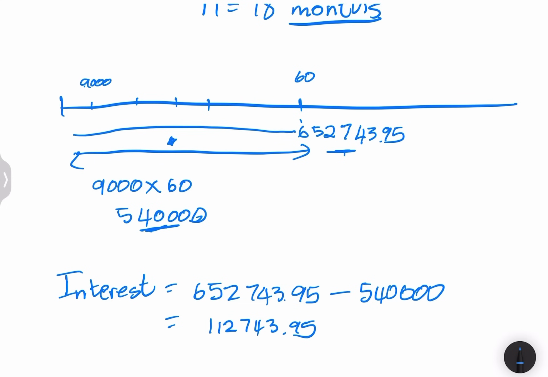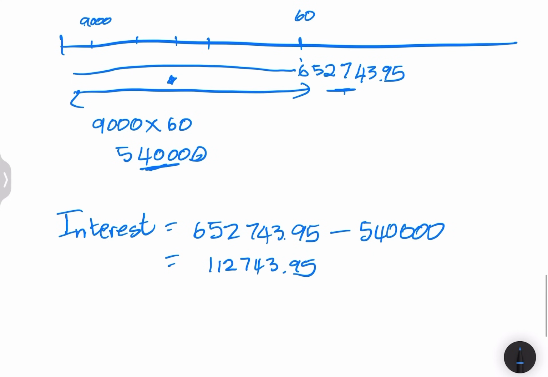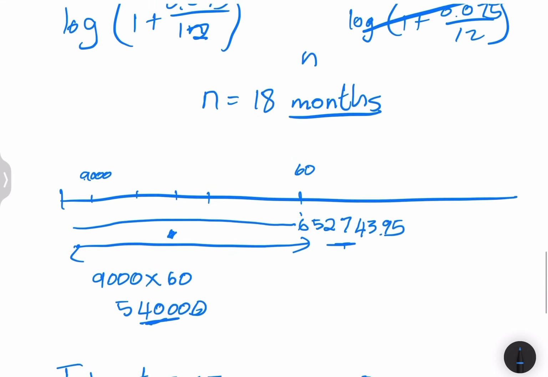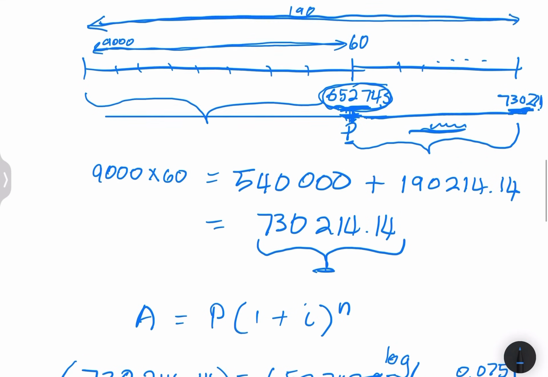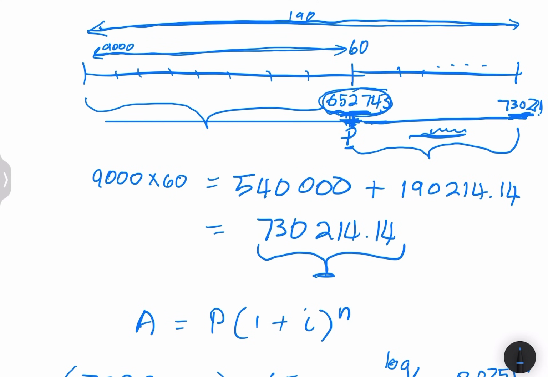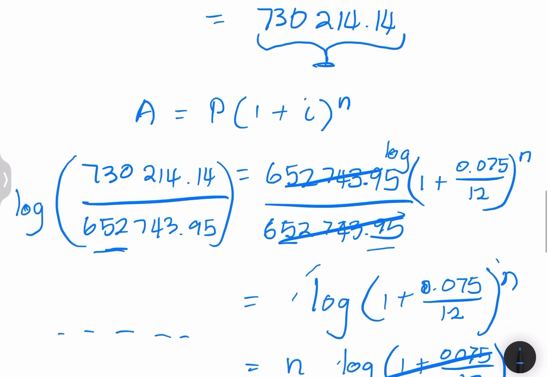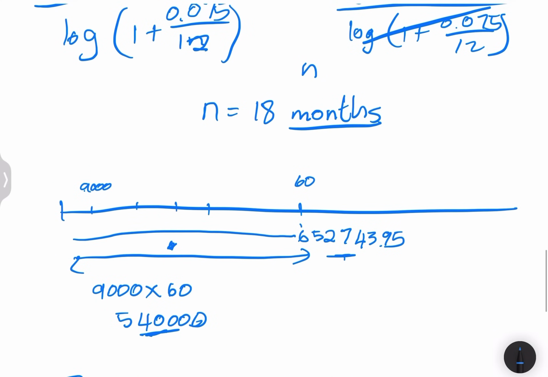Now, remember the total amount of interest that was earned over the total period. You remember that amount that they gave us, 190,000. So we can subtract that to find out the interest that accumulated over just this period where we left this amount in the account.